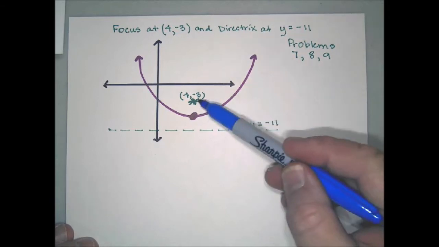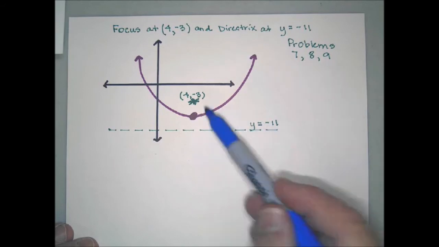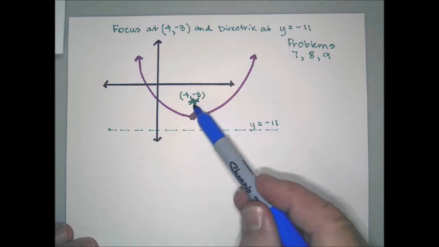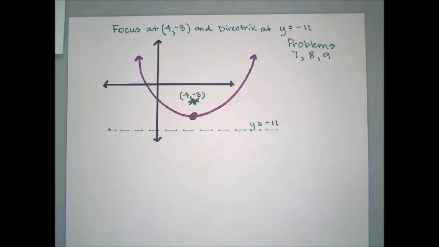We know the focus, or the focal point, and we know the directrix. So write the equation of a parabola that has a focus at 4, negative 3, and has a directrix of y equals negative 11.